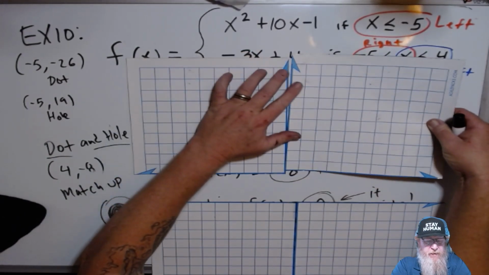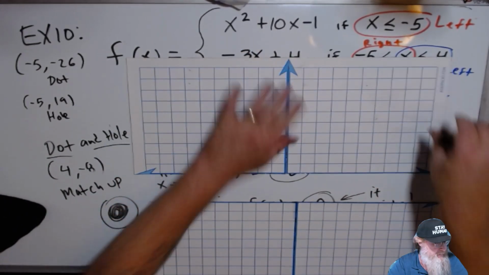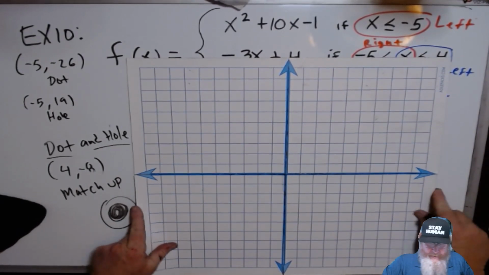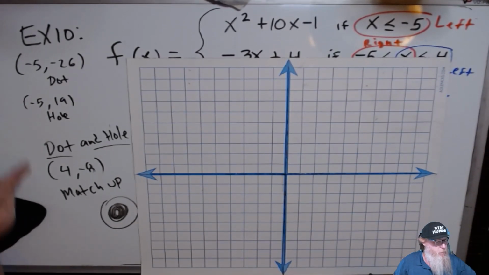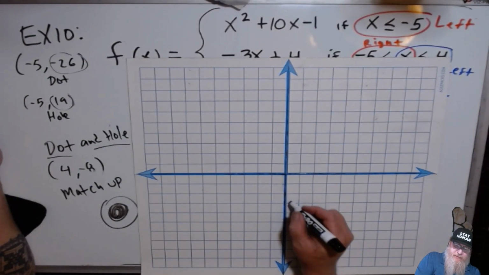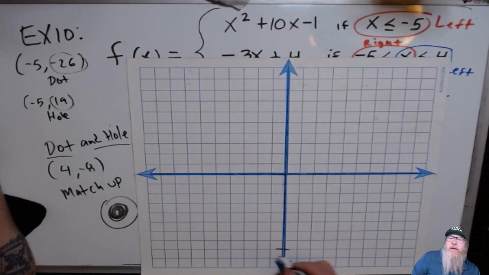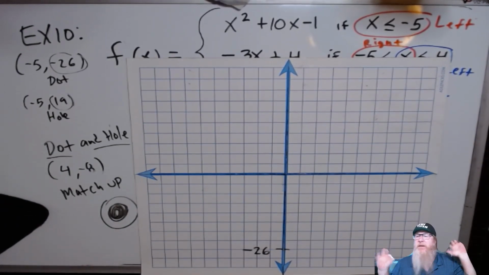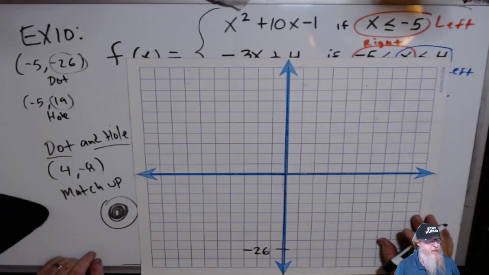I'm going to have to cover up a lot of the graph, but you get the idea. For my y scale, because I've got these large numbers, I'm just going to go like this, negative 26. Don't count the tick marks. It's not going to be to scale.